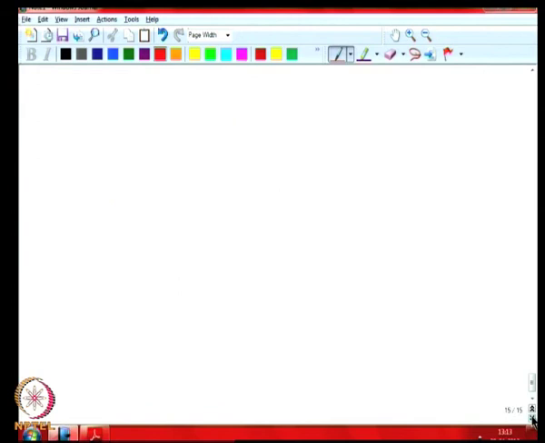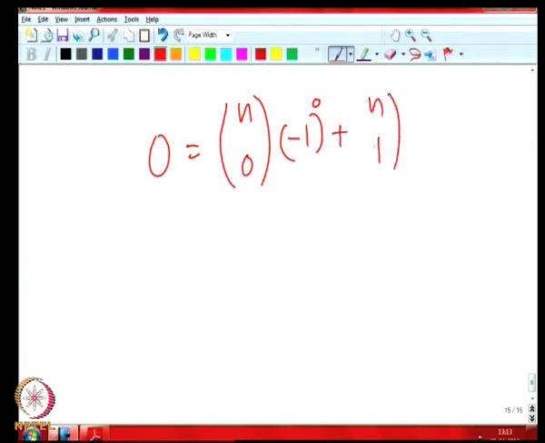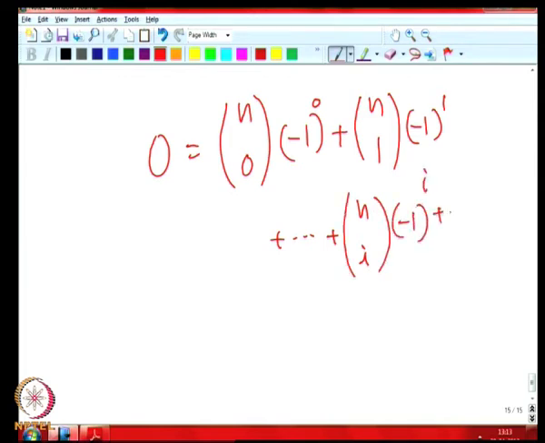If you write it in detail, we are getting 0 equal to n choose 0 into minus 1 raised to 0, plus n choose 1 into minus 1 raised to 1, plus so on, n choose i into minus 1 raised to i, plus n choose n into minus 1 raised to n.